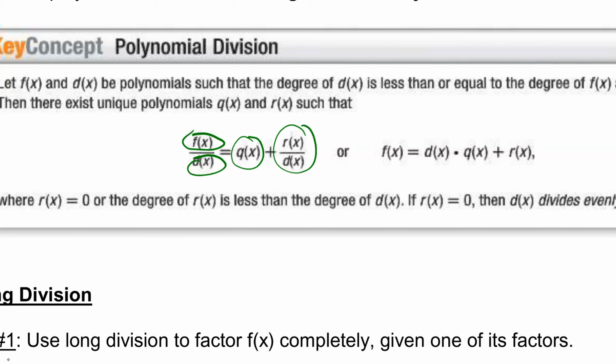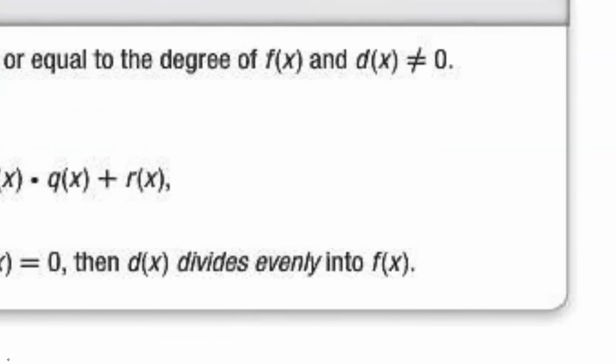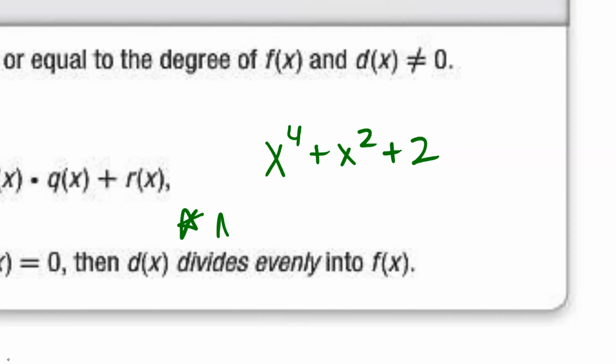One special thing I want you to note is if I have something like x to the 4th plus x squared plus 2, and I'm setting up a long division problem, you must include missing terms as 0.